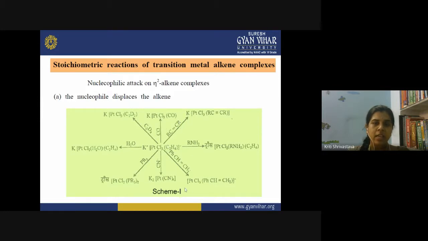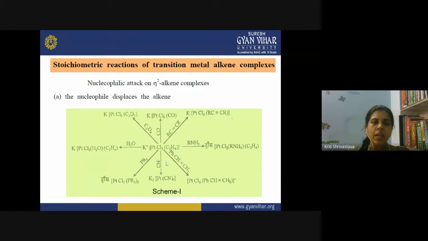Like in scheme 1, you can see this type of reaction where the nucleophile is displacing the alkene molecule. In the center of this diagram, you can see the Zeise's salt, and in it we have the alkene here, C2H4. This is my ethene molecule present inside the coordination sphere. Here you can see different types of nucleophiles attacking the complex, like H2O, C2D4, CO, substituted ethene, RNH2, again substituted ethene, CN, that is cyanide, and triphenyl phosphine.